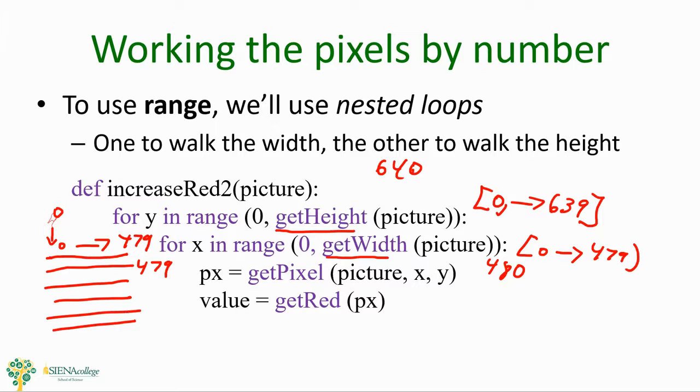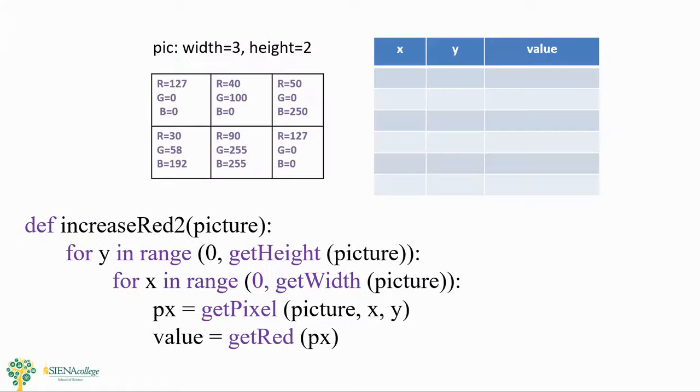Let's trace through an example. Very small image. Our width is 3, our height is 2. We're going to have y in range from 0 to get height. Now we know that get height, the height is 2. So our range will be simply 0 and 1.